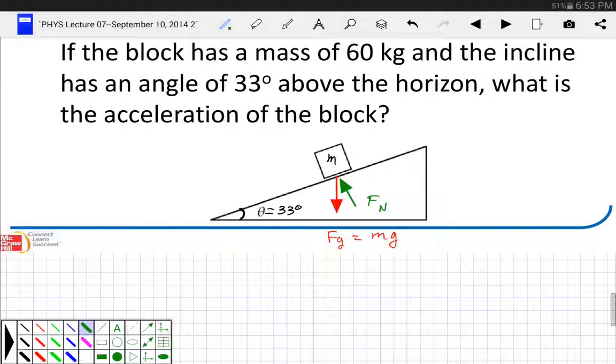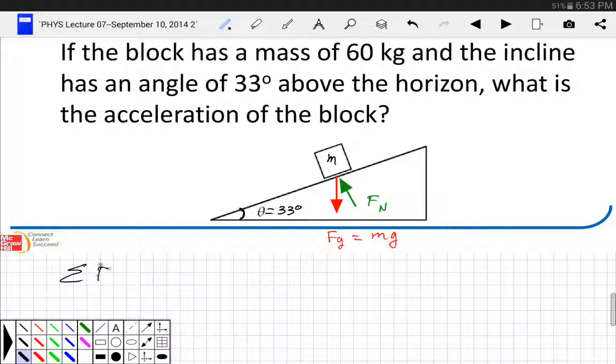So I will draw my figure bigger with just the forces. I have my force of gravity. Well, actually, let's write Newton's second law first. Sum of the force vectors is equal to the mass times the acceleration vector. So now I need to draw this out. So my force vectors, I have my force of gravity that goes straight down.